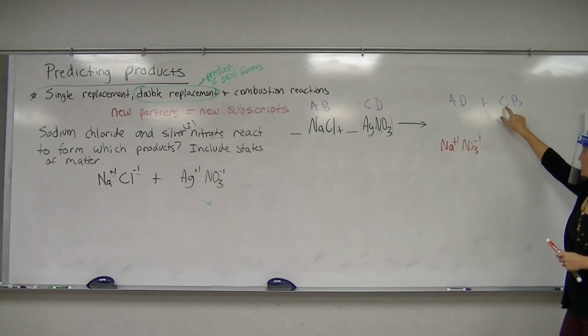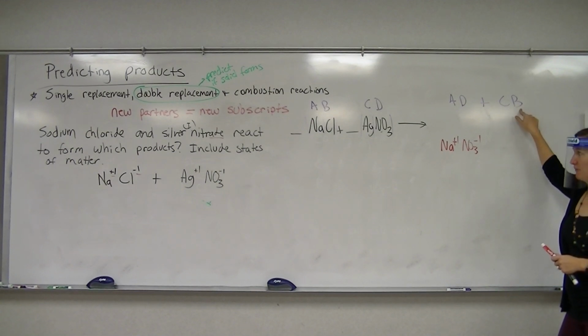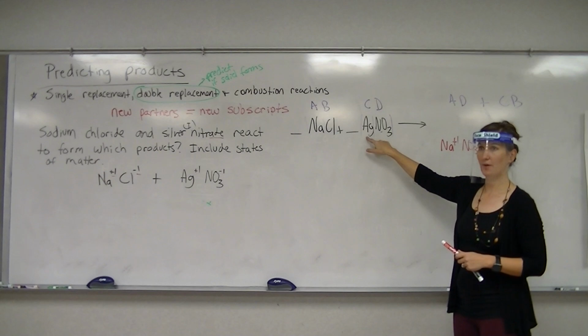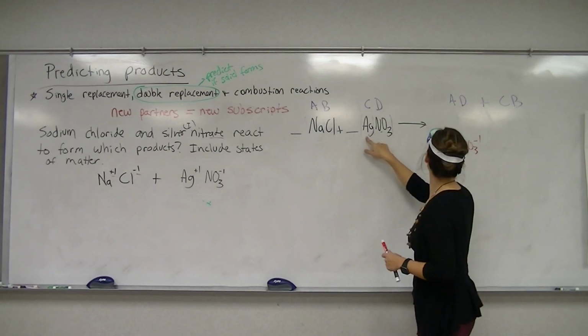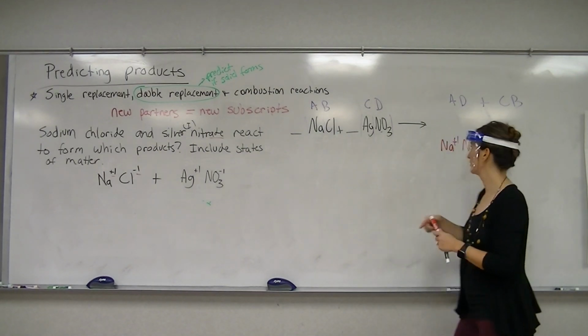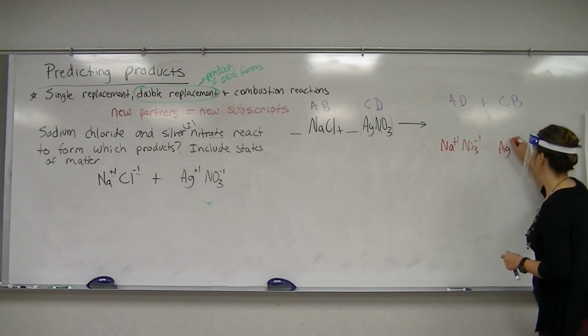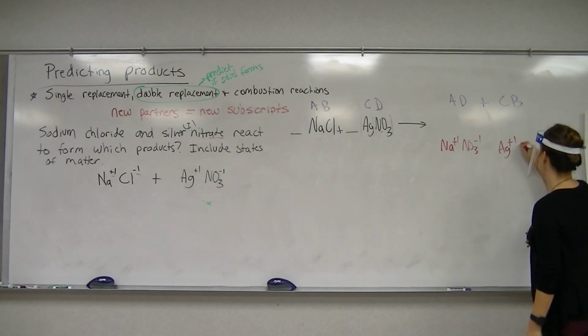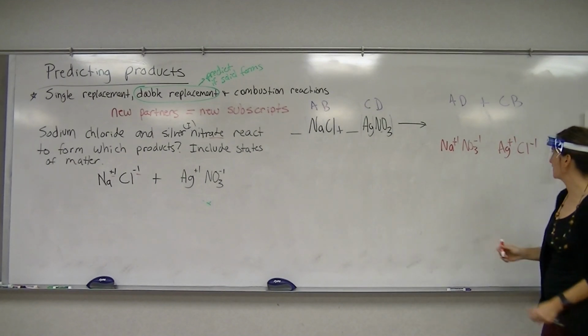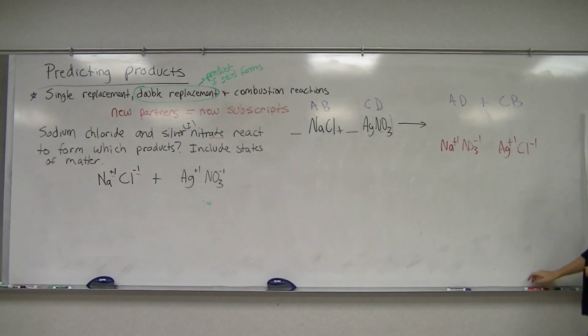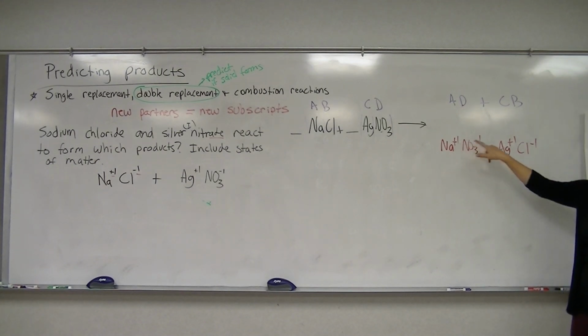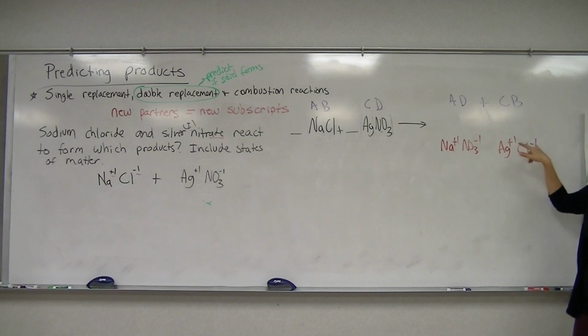So the next product says that C and B should be together. So C is silver, and B is my chlorine. So I'm going to have my silver, which we said was a +1 over there, right? And my chlorine, which we discovered was a -1. Notice these ones work out nice as well with their charges. 1, 1, 1, 1.